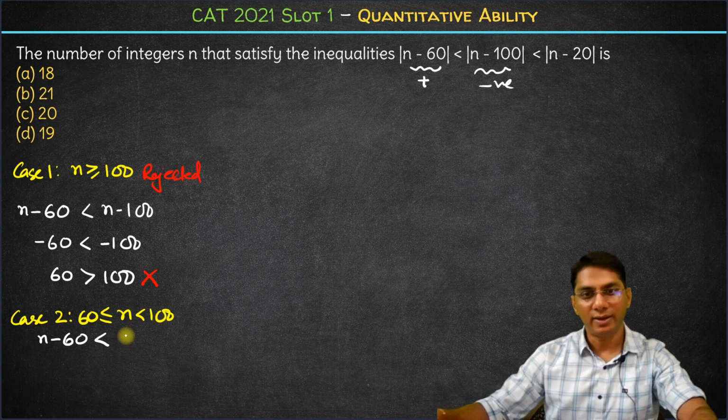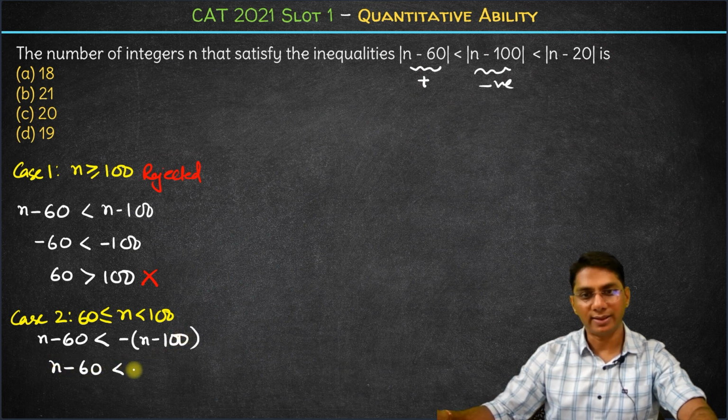Since it is negative, we'll remove the mod and put a negative sign. So this is minus (n minus 100). So n minus 60 is less than minus n plus 100.